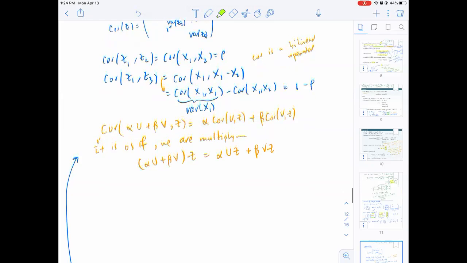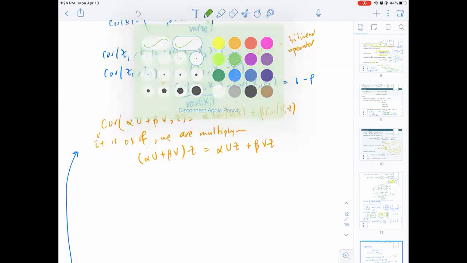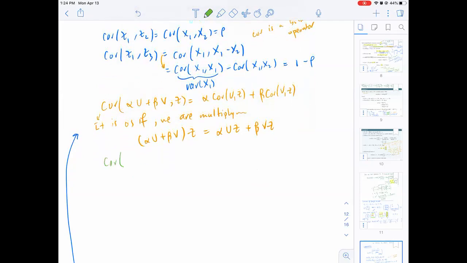So for example, suppose I want to do the covariance of x1 minus 2x2 and 3x, 3 minus, we don't have x3 here, plus x2. What I would do is imagine multiplying this out.